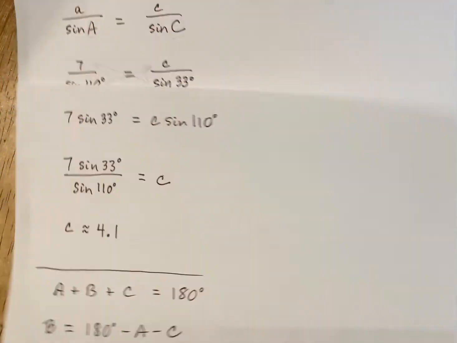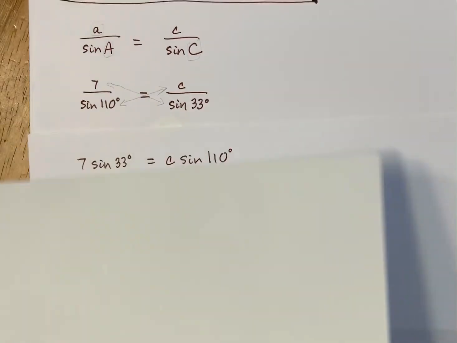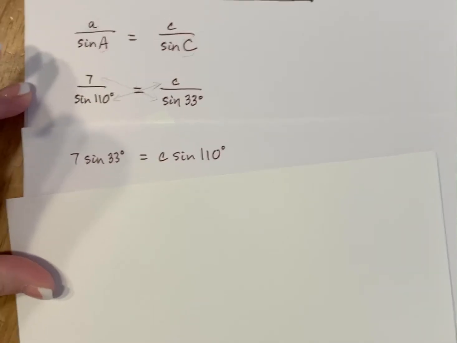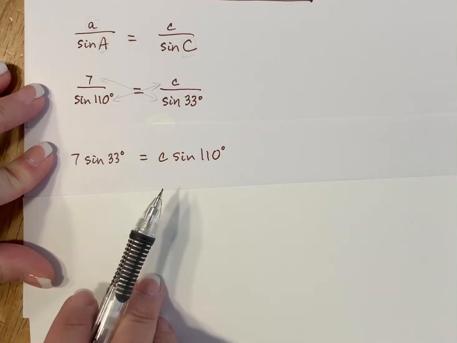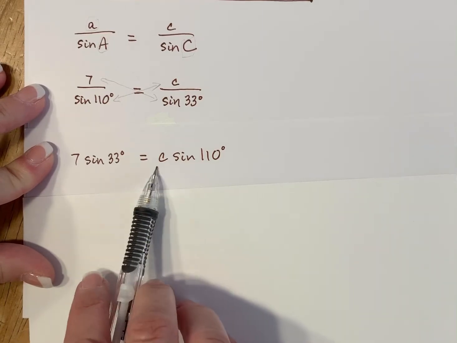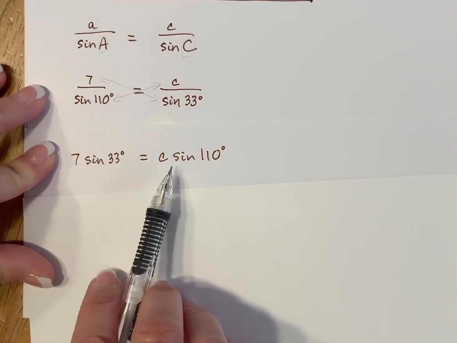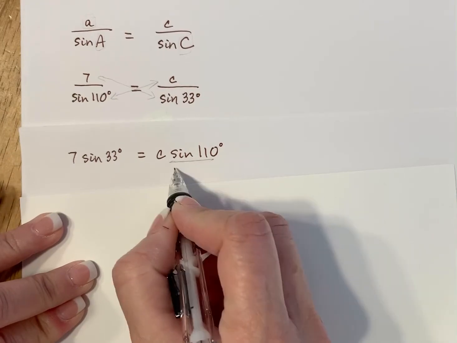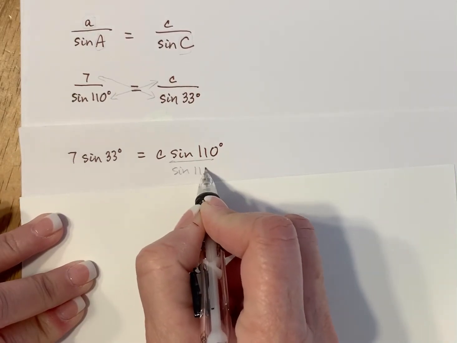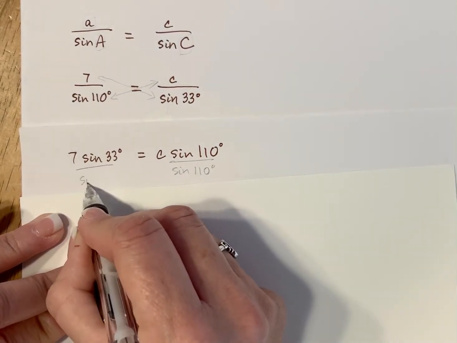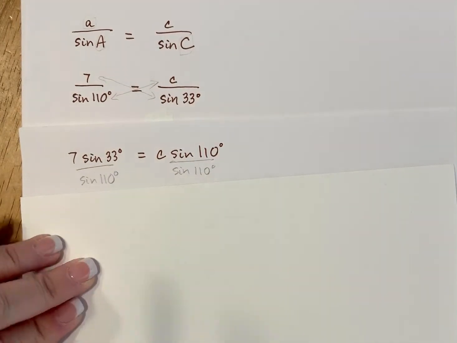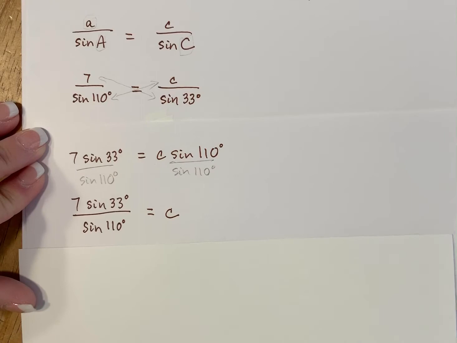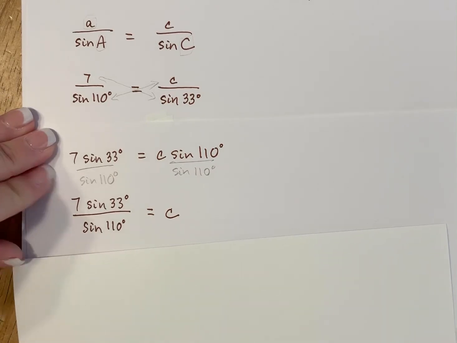So it could be written like that. And then when it's written this way, you can see in order to solve for c, you would divide both sides by the sine of 110 degrees. And then you would put the expression on the left into your calculator and round to whatever the desired number of decimal places will be.